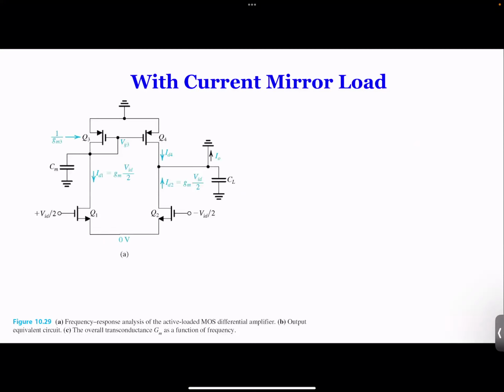And next, we're going to talk just a little bit on the current load. Before, when we talked about the circuit, we had a resistance load over here and a resistance load over here, and we do have something over here too. But we talked about how resistance is something we don't want to make in integrated circuits.